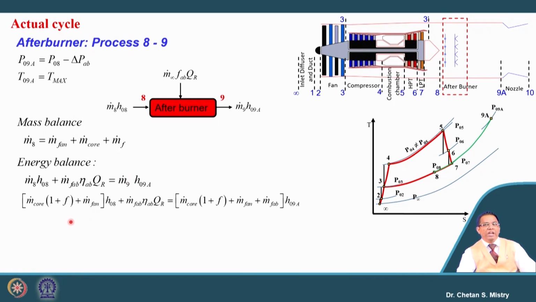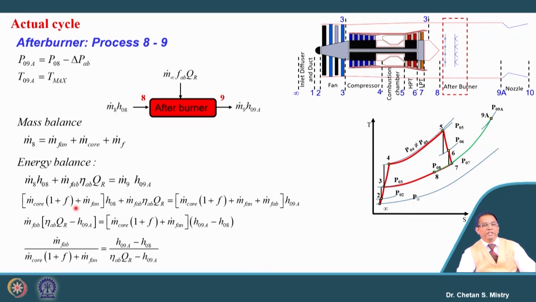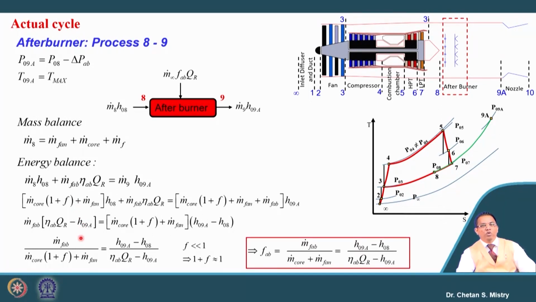This m dot 8 we know is written in this formulation. So, if we put all together, we will be having our ratio coming in this formulation. It says my fuel air ratio for the afterburner. Be careful, here we are writing m dot f for afterburner divided by the amount of air. So, it is a fuel air ratio.